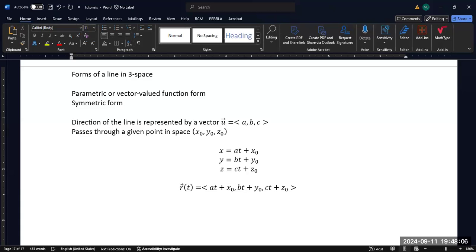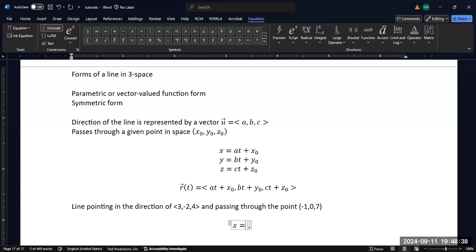So let's look at a particular example. Suppose I want to create the equation of a line pointing in the direction of 3, -2, 4, and passing through the point -1, 0, 7.